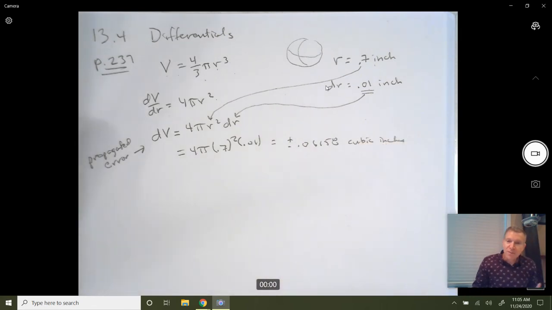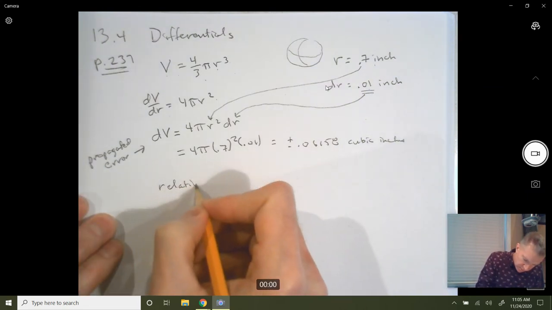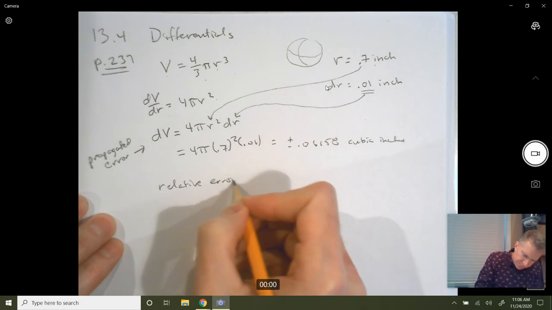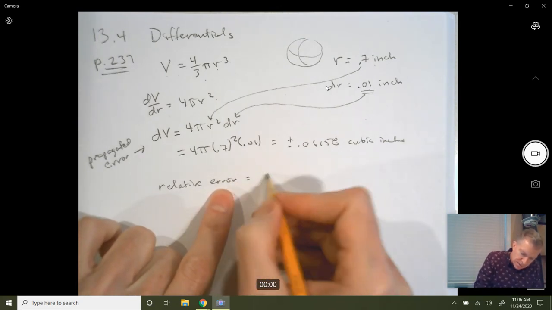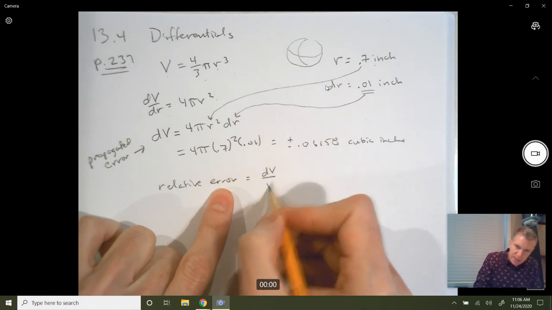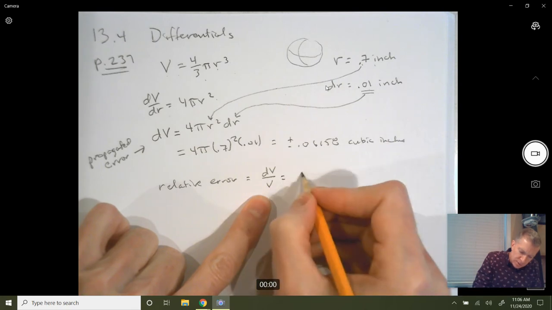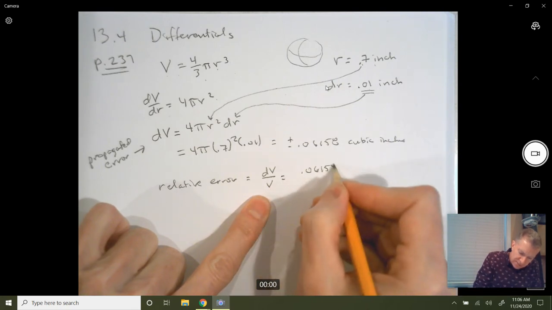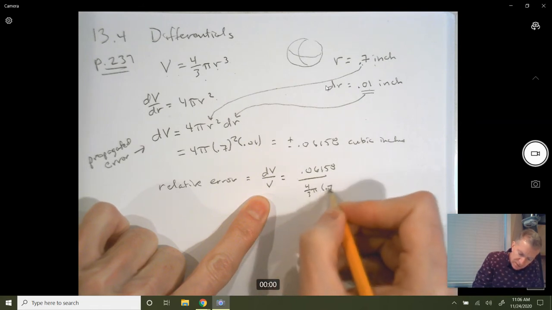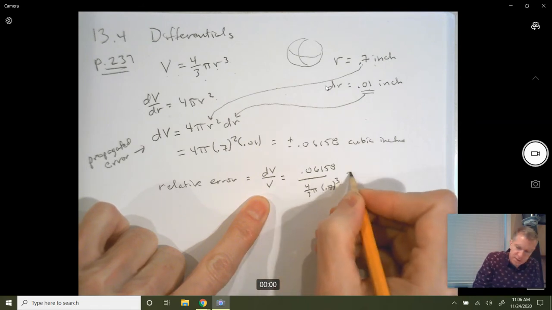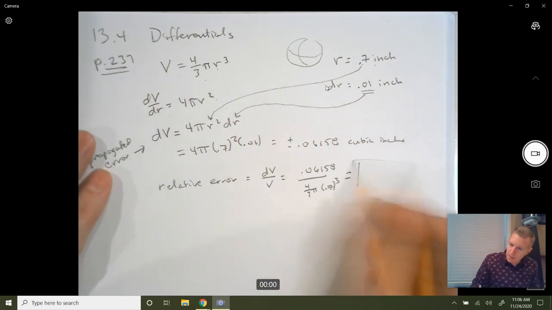Now, if they asked you for a relative error, the relative error would be your propagated error divided by your volume at your measurement. So you'd have 0.06158 divided by 4/3 pi times 0.7 cubed, and you would get some kind of relative error. You could plug that into your calculator.